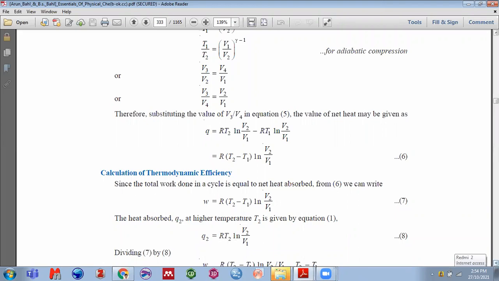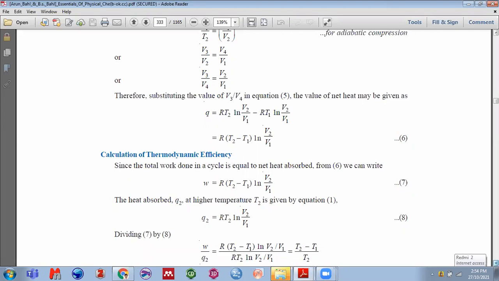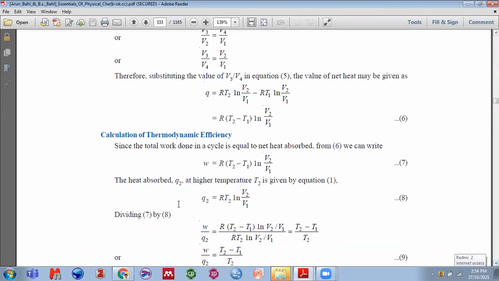Now dividing these two equations, that is 7 by 8, W by Q, we know definition of efficiency, that is W by Q. So we have to divide equation 7 by equation 8, that is W by Q2 equal to R T2 minus T1 ln V2 by V1 by RT2 ln V2 by V1.